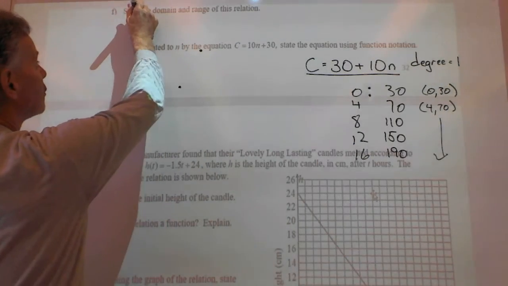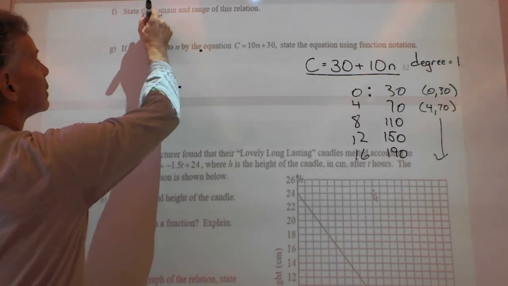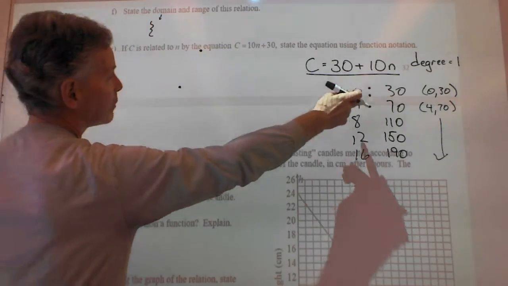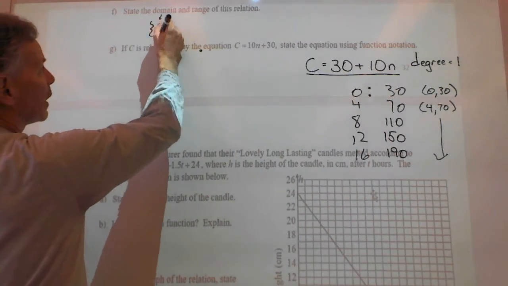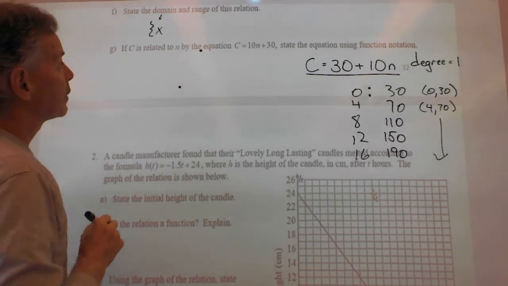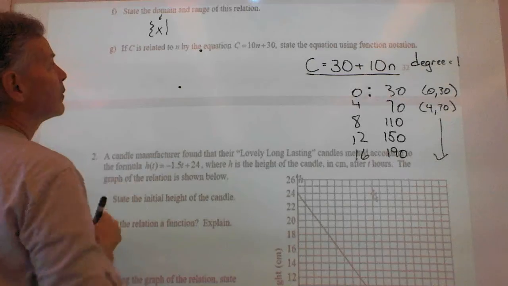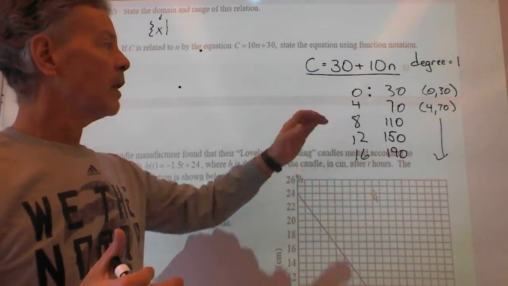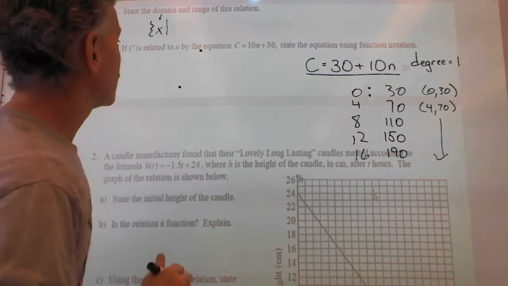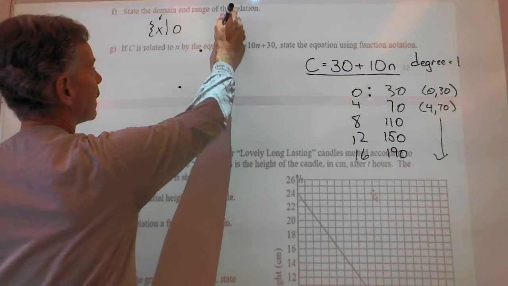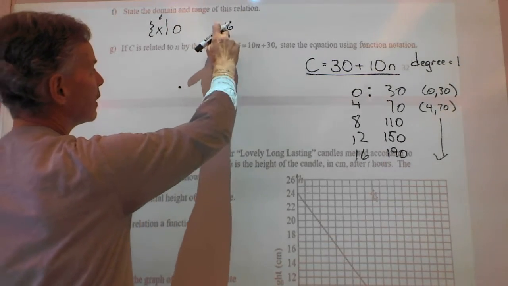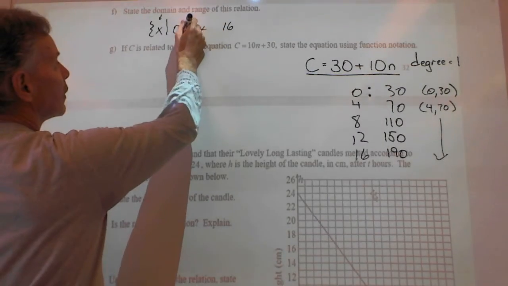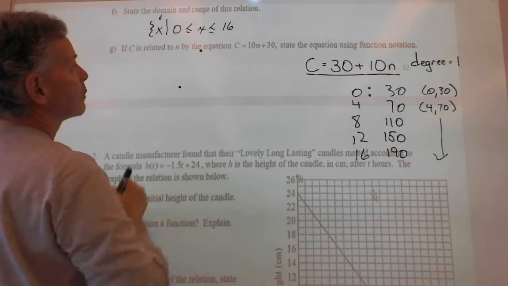So that means our domain, start with squiggly brackets, and we can say n because n is our variable, but you could also just put x. We'll put x to make it a little less confusing. So x values, then you have a vertical line, and then you ask yourself, what values does x fall between? Well, x can be as low as 0 or as high as 16, so just write that. As low as 0, as high as 16, you know that x has to be between those two numbers, greater than or equal to 0, less than or equal to 16.